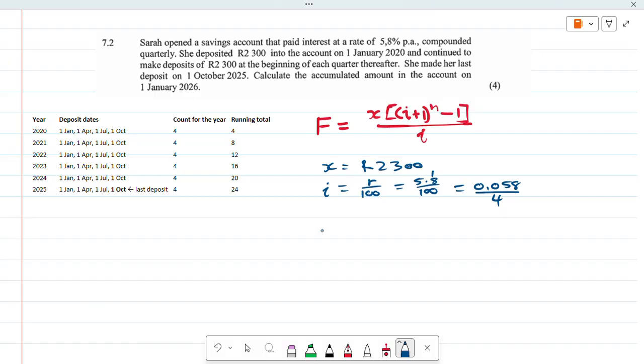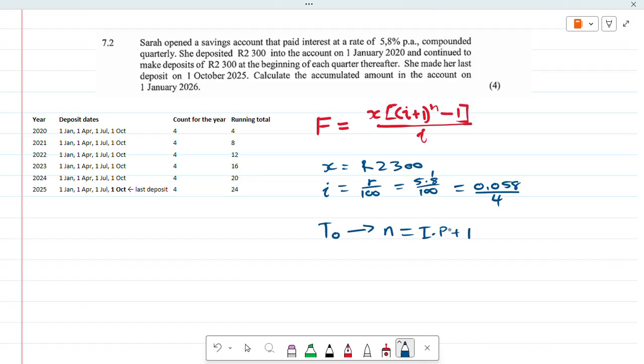So our first payment was made at T0 if we draw a timeline. What does that tell us? It tells us that n is equal to the investment period, which is IP, plus 1.